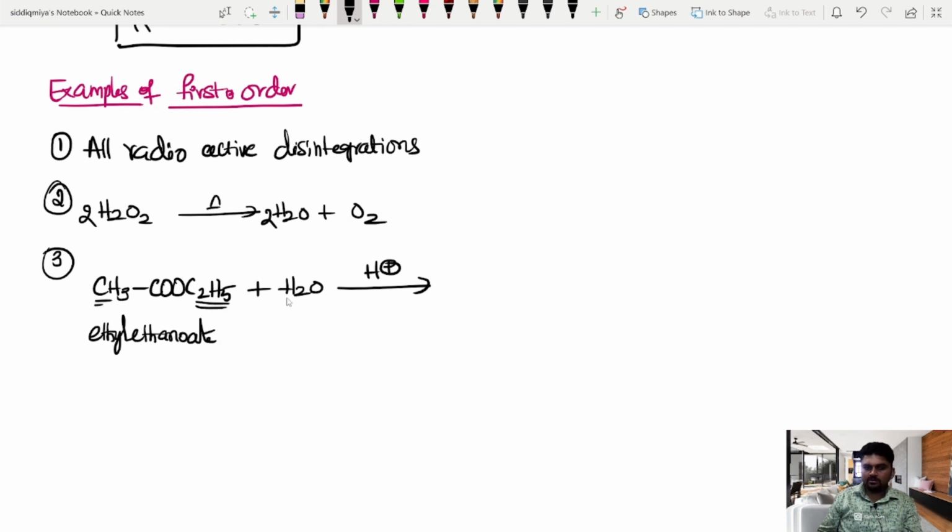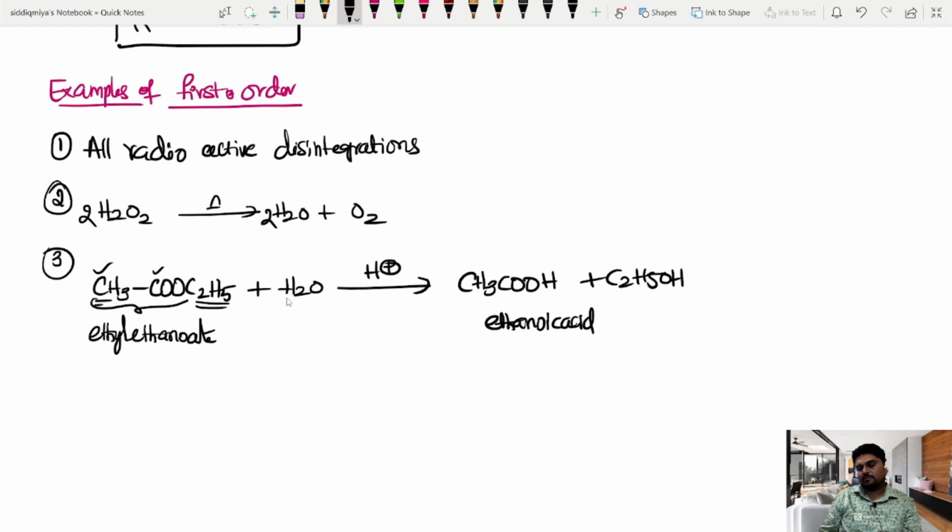Two carbons, 1 and 2, two carbons in ethanoate. Ethyl ethanoate. On hydrolysis, you will get ethanoic acid plus ethyl alcohol.